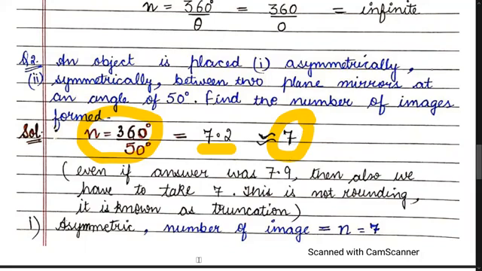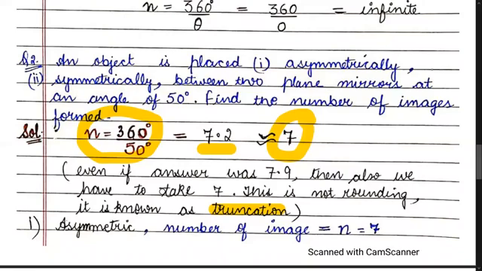Students, there is a word known as truncation. Truncation means cutting. So we have to cut the decimal part. I cannot say that 7.2 images are formed, or 7.5 images are formed. This can't be said.